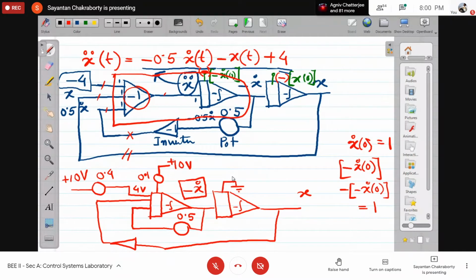Pardon my drawing, but this will be the final simulation diagram that will yield you the result. This x(t), if you watch it over a scope or any meter, will give you the exact transition or time response of the solution of this state equation. Agreed?